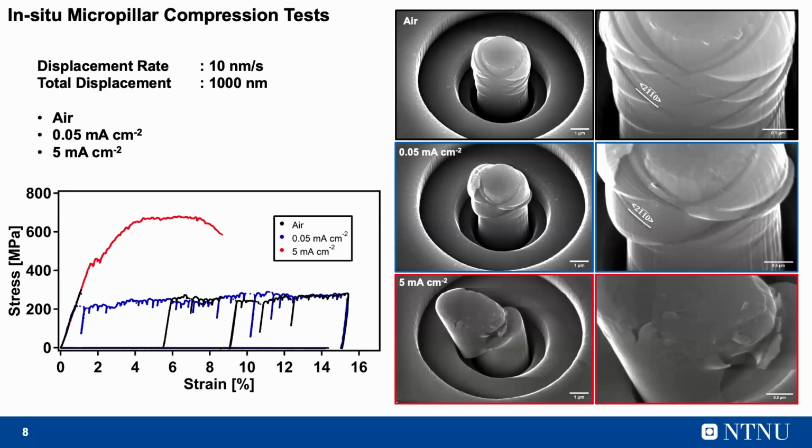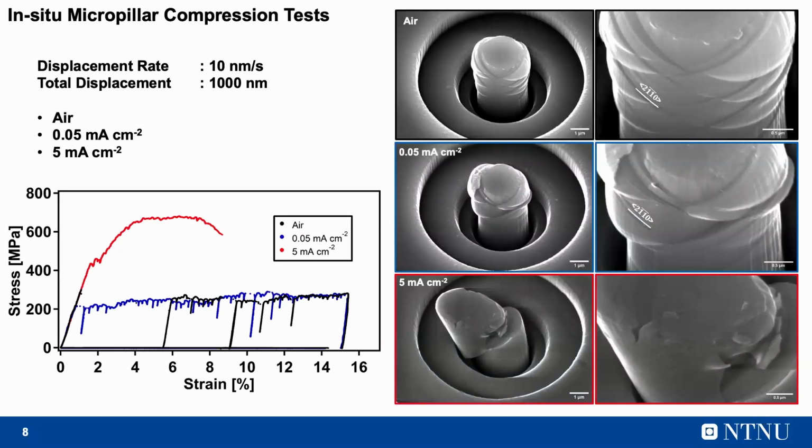Although we compressed this pillar as well until 1000 nanometer, as in the other two cases, the stress dropped after some point, which indicates a kind of little fracture happened until it reached the 1000 nanometer.